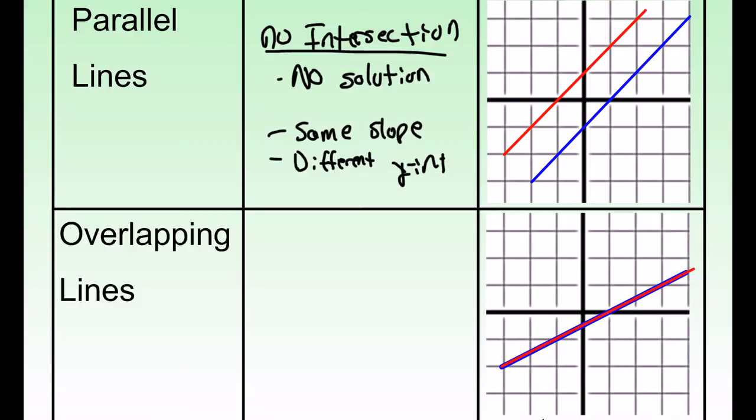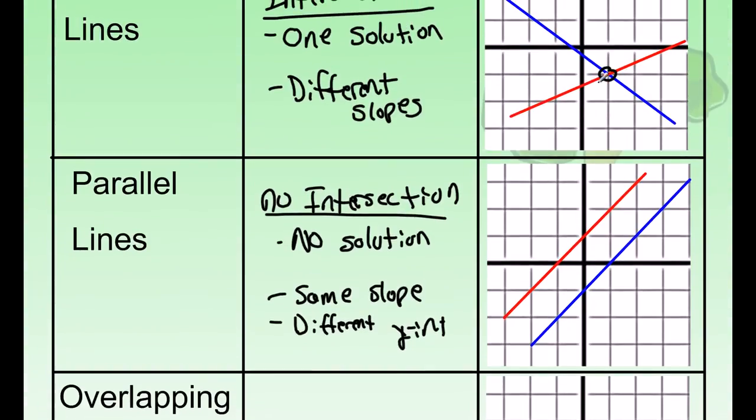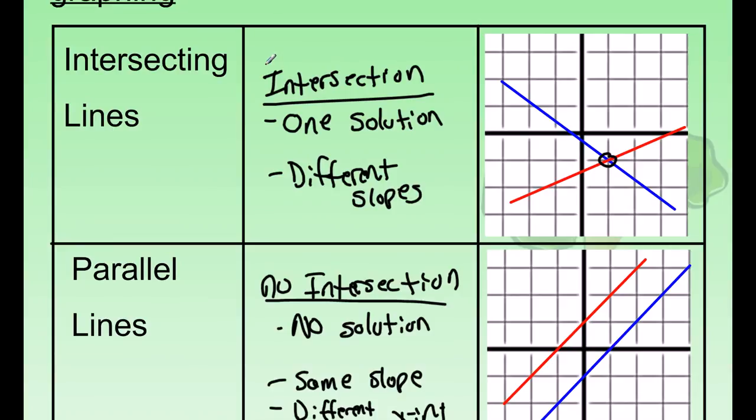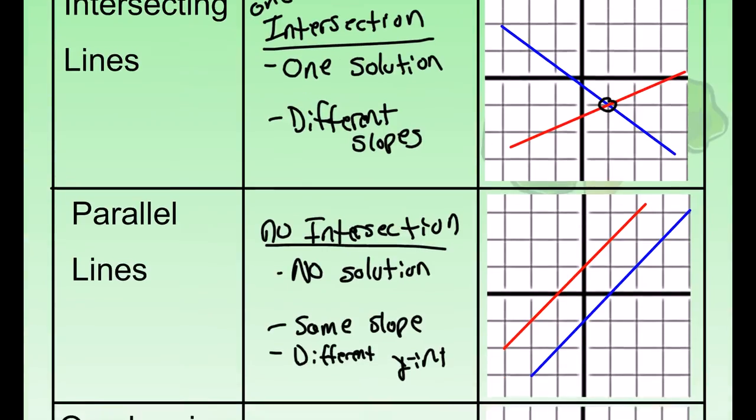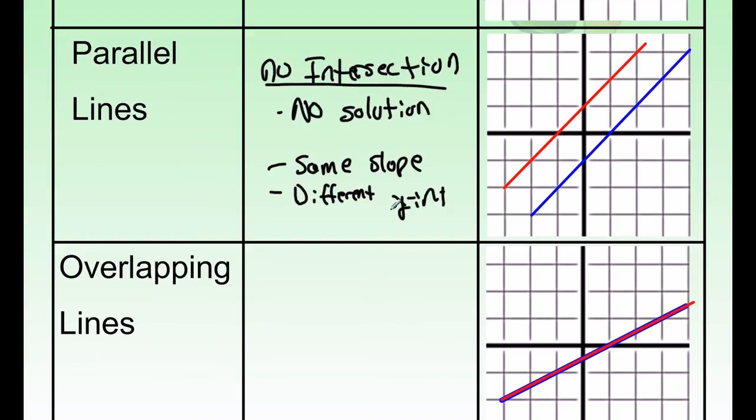There. That way you can see both lines, sort of. So these overlapping lines, what do we know about them? Well, we know that there's not one intersection. There's not no intersection. They're intersecting everywhere.